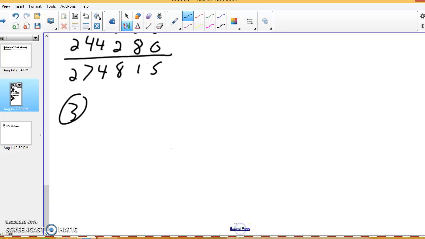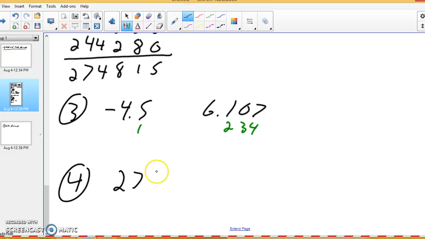Step 3, take your original numbers, which are negative 4.5 and 6.107, and count up the digits behind the decimal points. We have 1, 2, 3, 4. Okay, so step 4, take your answer to the multiplication algorithm.